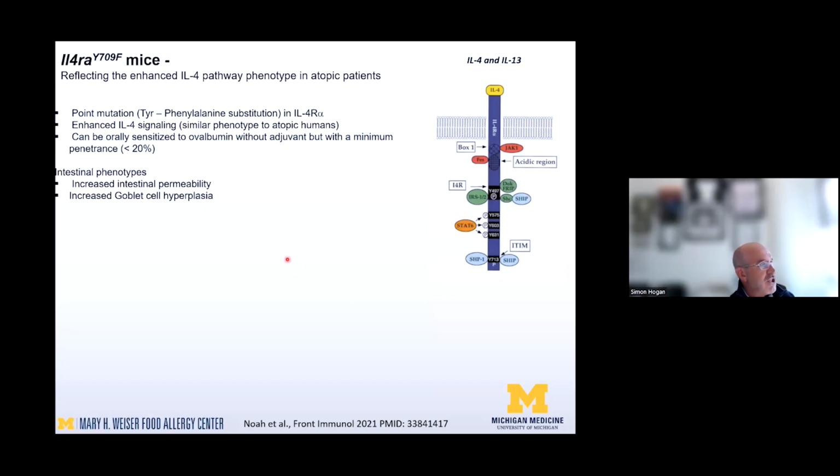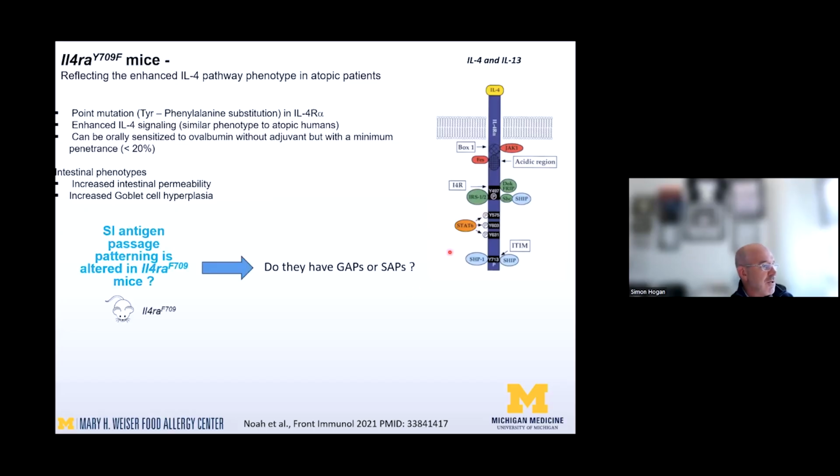So to test this question, we took a mouse that has a mutation that's similar to mutations that occur in the IL-4 receptor alpha in humans. And this leads to heightened IL-4 signaling, and we simply ask the question, do these mice at steady state have GAPs or SAPs? And do they become sensitized to oral antigens following oral exposure?